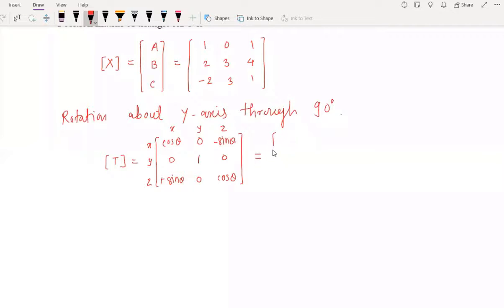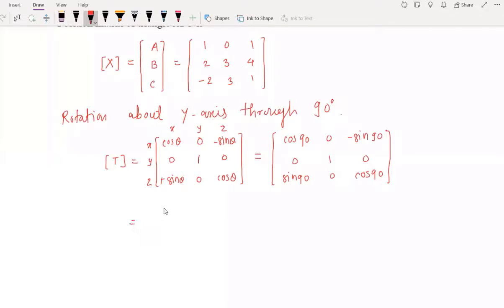Now theta is equal to 90 degrees. So this becomes cos 90, 0, minus sin 90, then 0 1 0, sin 90, 0 and then cos 90. What is the value of cos 90 and sin 90?